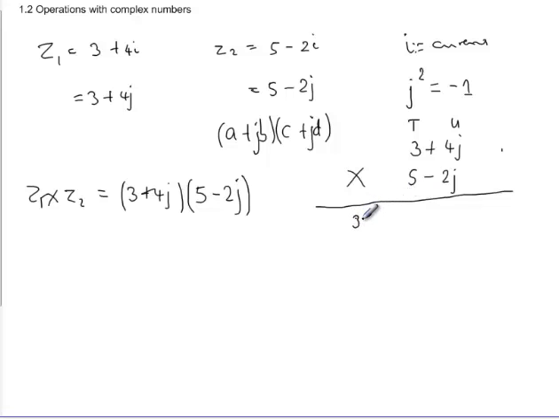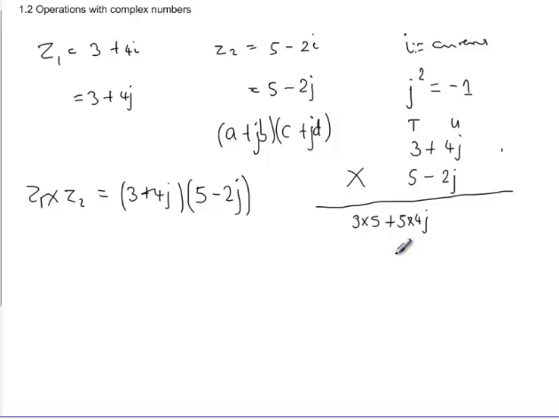This will be 3 times 5. Now plus. If I multiply tens and the units, I'll get tens. Then I get here 5 times 4j. Are we done? Then I multiply here, units and tens. I'll get tens.